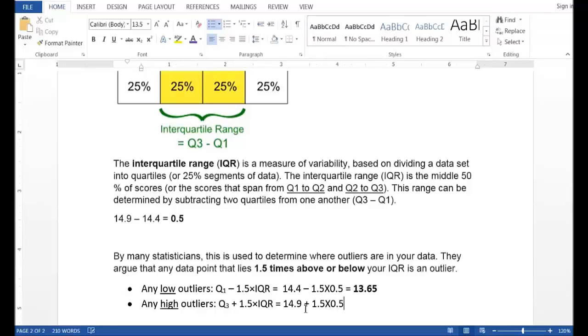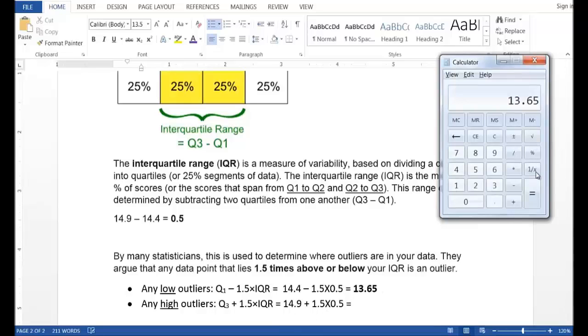It's the same as last time, 0.5. So when you do the math, you know that 1.5 times 0.5 is 0.75, but we're going to add that to 14.9. And you end up with 15.65.